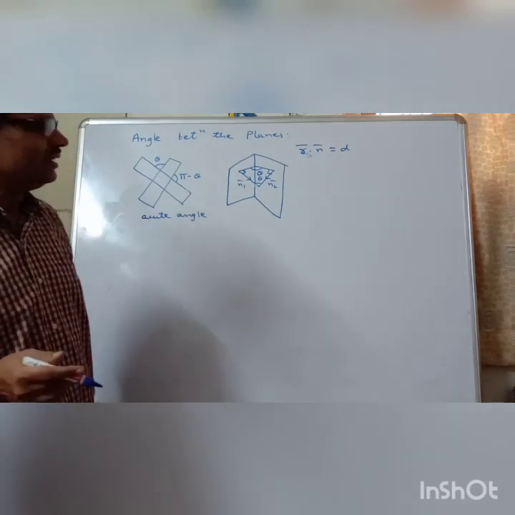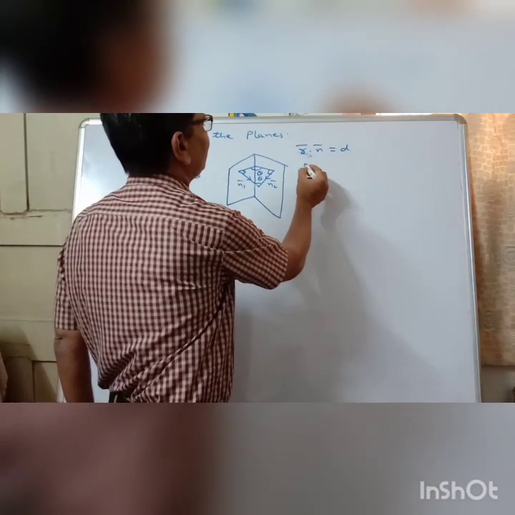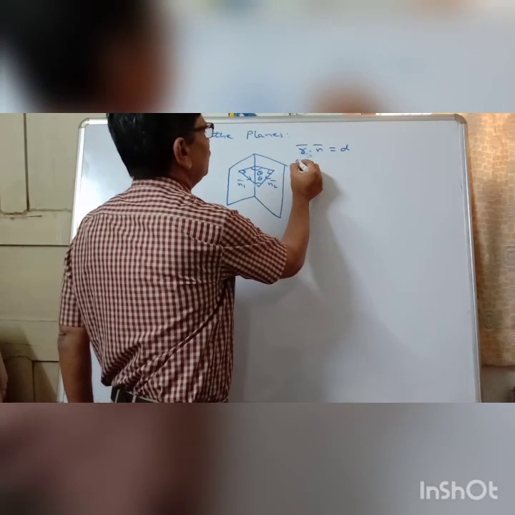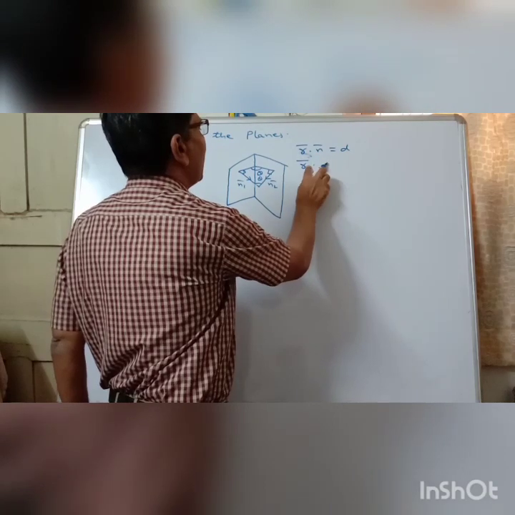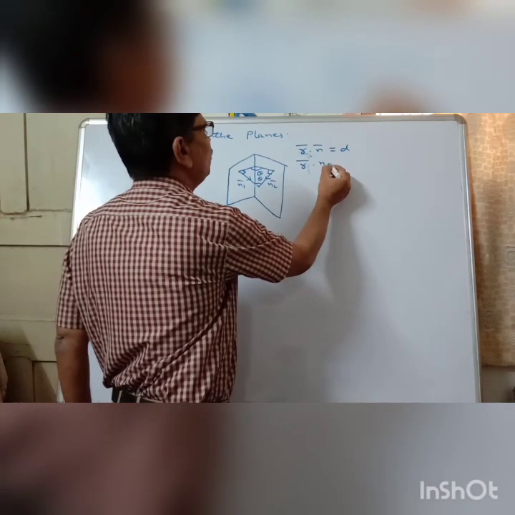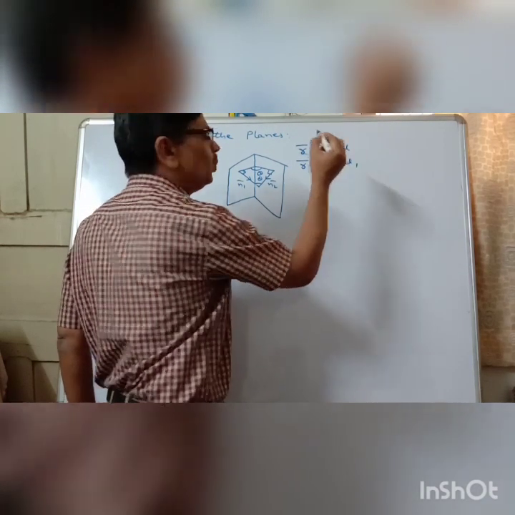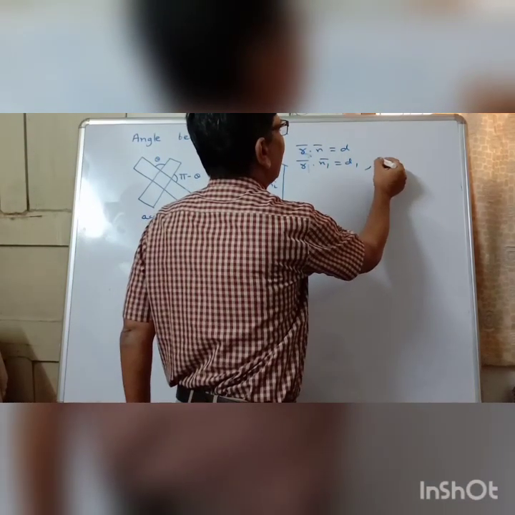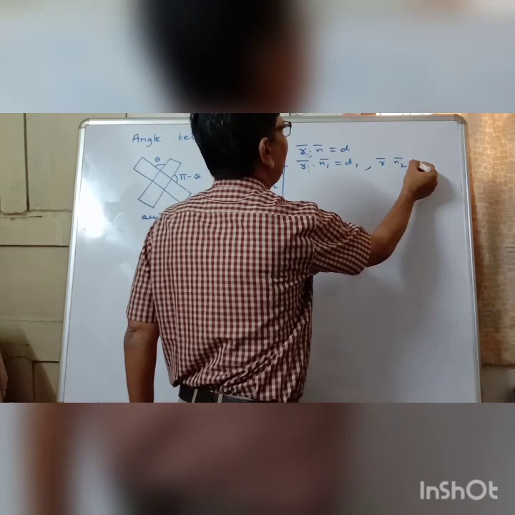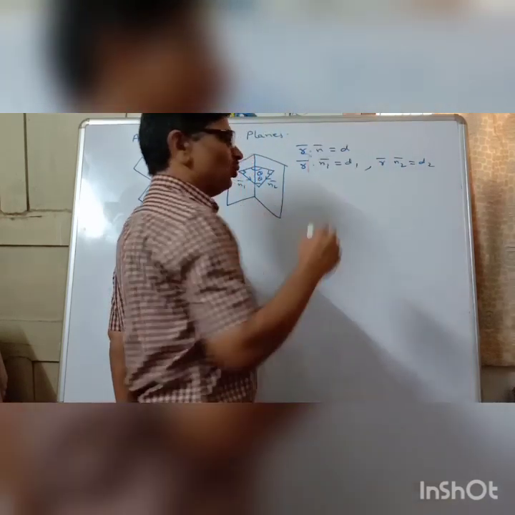As equations of two planes are there, we shall use different notations. r bar dot n1 bar equal to d1. Equation of another plane, r bar dot n2 bar equal to d2.